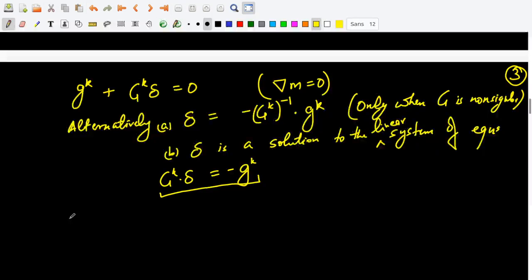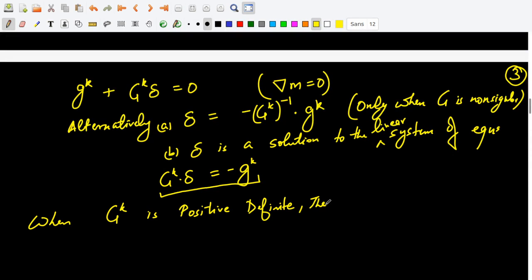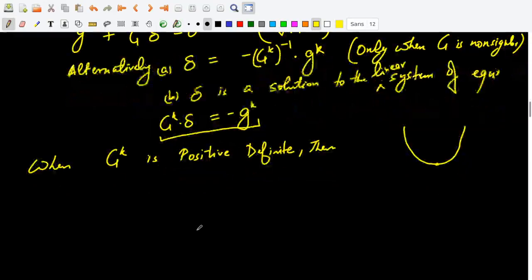So when capital G is positive definite, then the function looks like a nice convex function with a well-defined minimum.